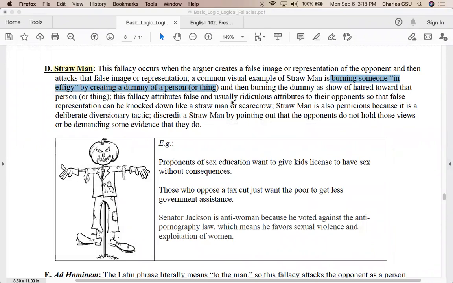And then that person is attacked with the representation or through the representation. So it's a kind of diversionary tactic: not addressing the person or the person's argument in front of you, but turning off to the side and saying, okay, I'm going to create this false narrative, if you will, of this person or their argument, and then attack that.